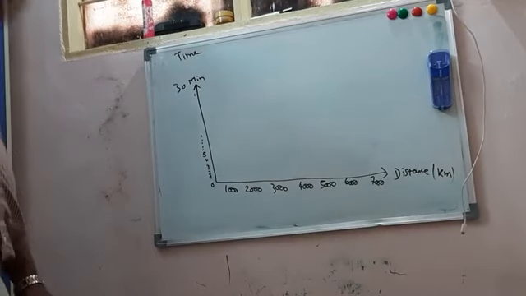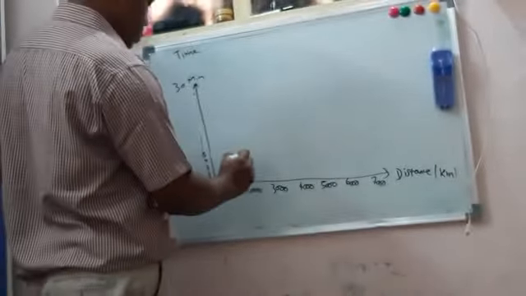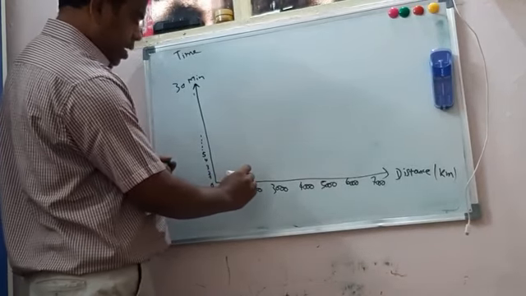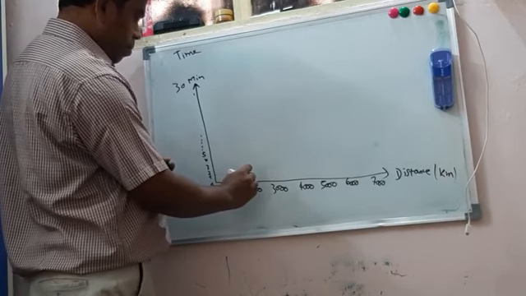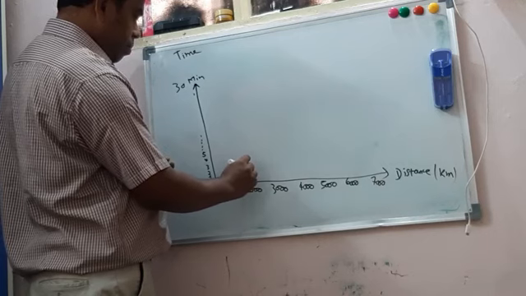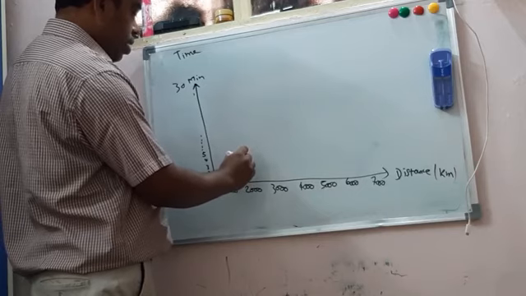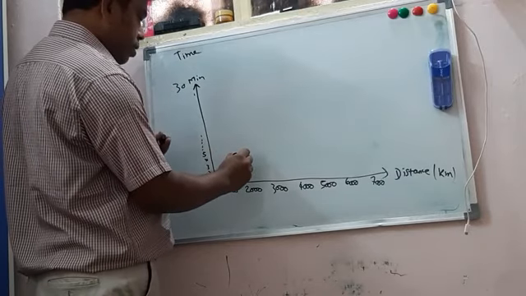So now you are going to fit the data of 3 different stations. Just imagine station A. The P wave starts here, and then the S wave starts.